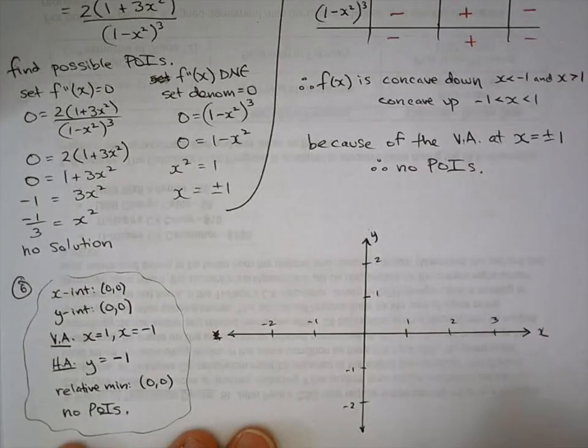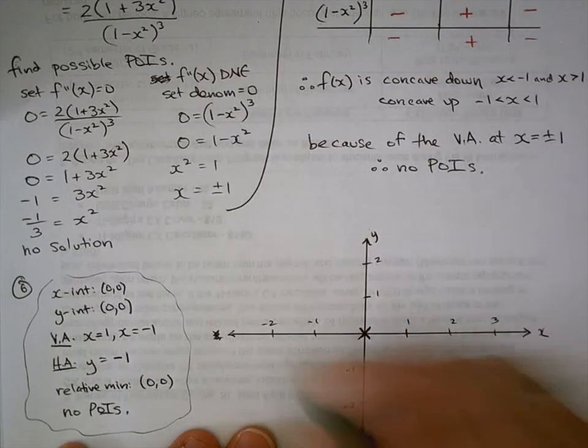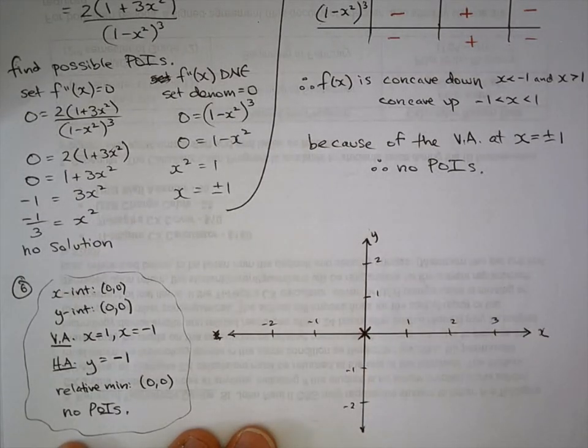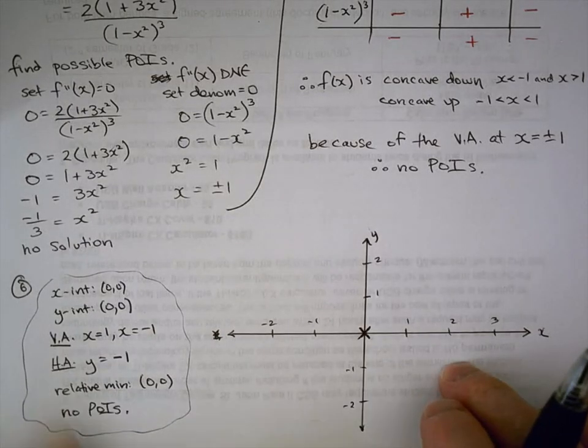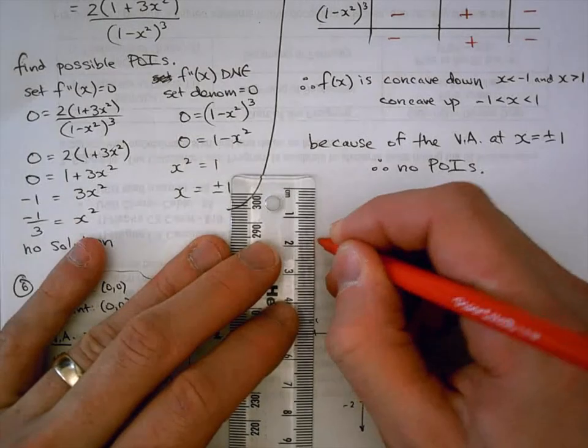So first, the x-intercept and y-intercept happen at 0, 0. So the only place where it goes through both axes is here. There is a vertical asymptote at x equals 1 and x equals -1. Draw these in a different color or as a dashed line or something like that.